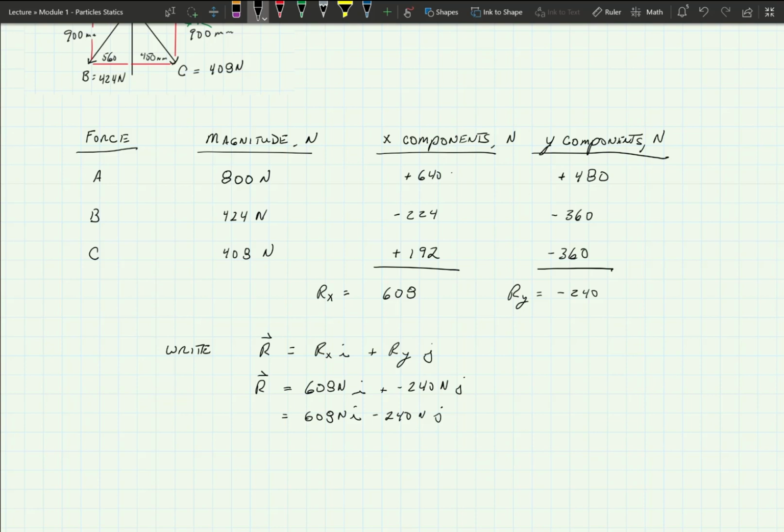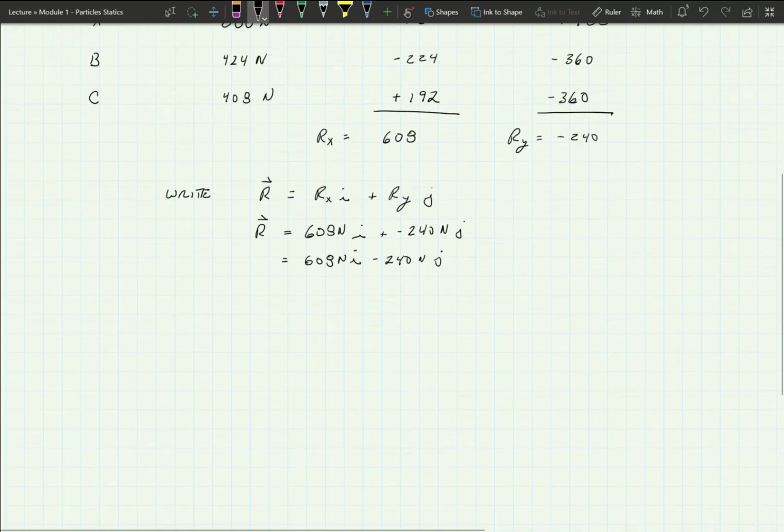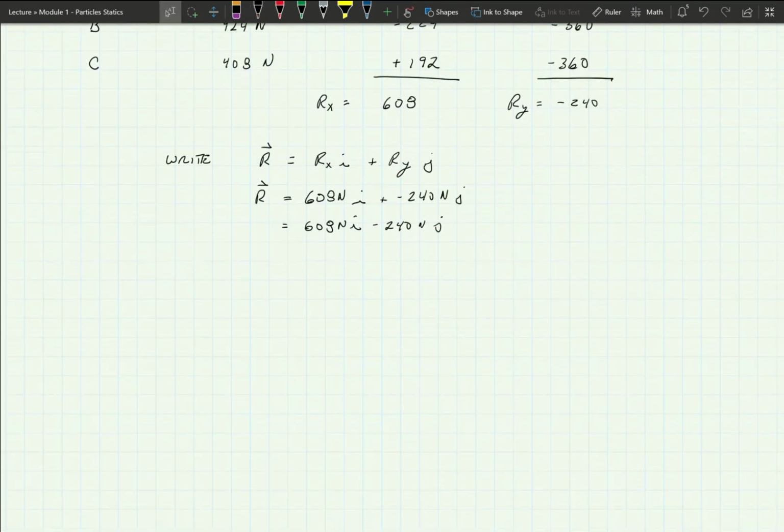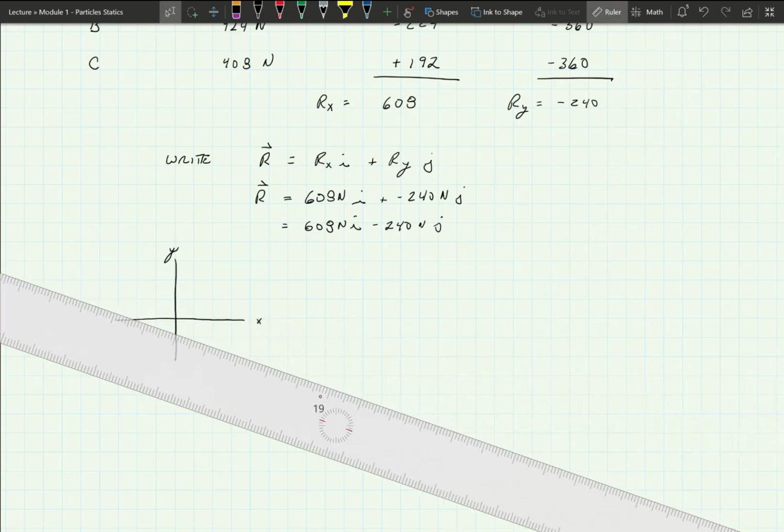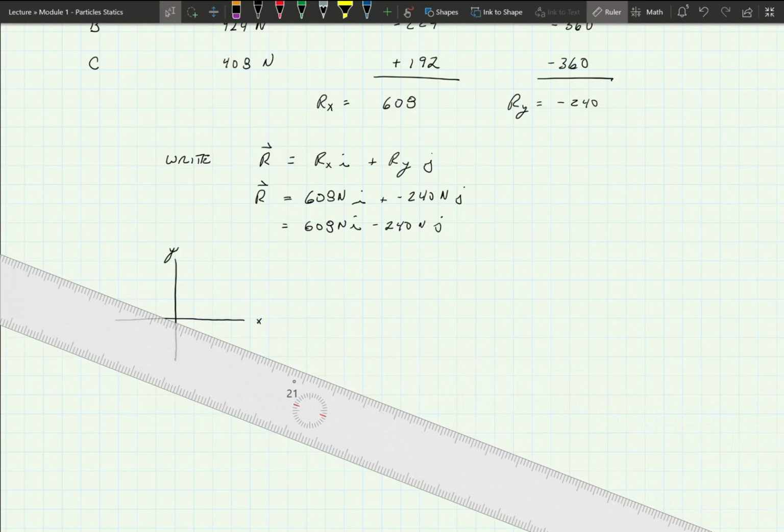Now, we need to do a little bit more to this to make some sense out of it, and I'm going to cheat right here. I'm not going to use a ruler. See if I can do a good freehand sketch. Not bad. Okay, so there's my X, my Y, and this vector is going to go out someplace in here. That doesn't look so good. Still doesn't look good. All right. It's going someplace out in here.